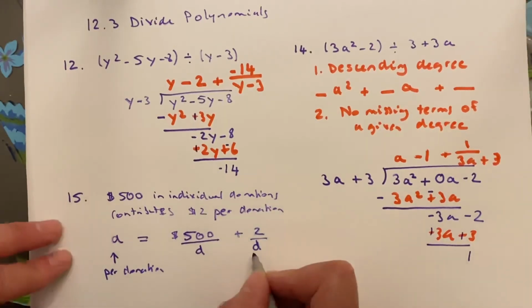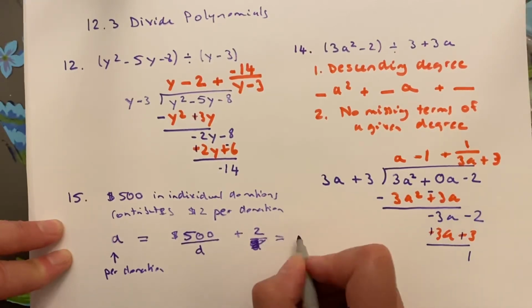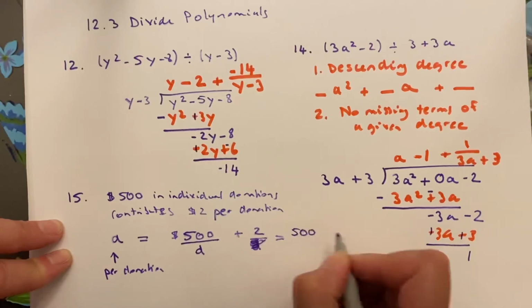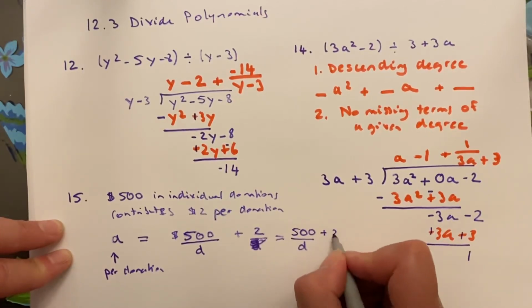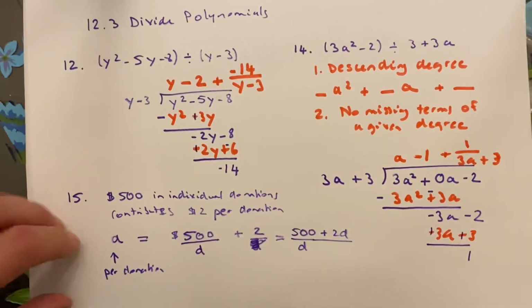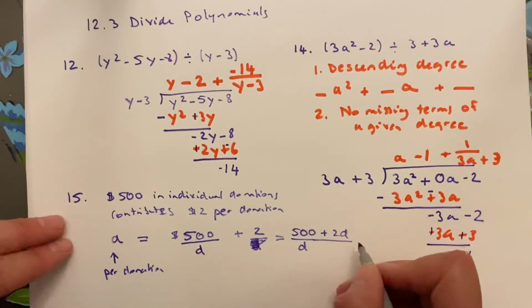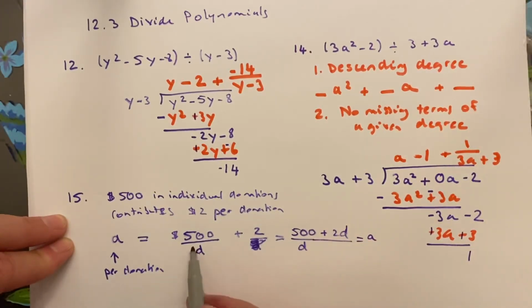Sorry, I should have not done this over D. This is already per donation. And to combine these, you want to multiply top and bottom by D. So 500 plus 2D over D. And now you have your full equation. A equals 500 plus 2D over D, or you could just leave it as 500 over D just plus 2.